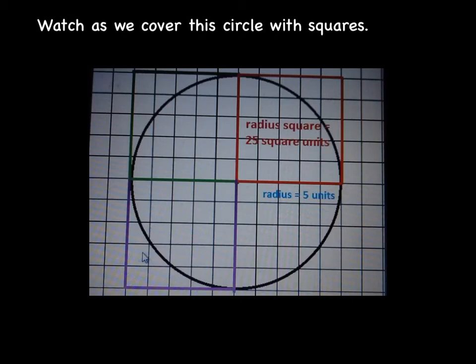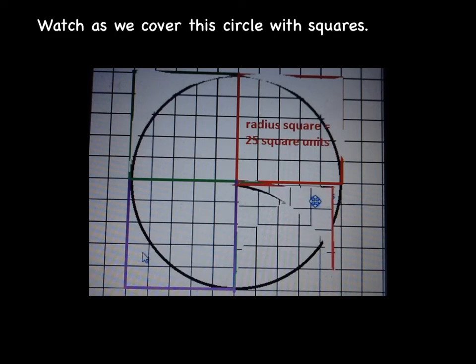So let's take away that 4th radius square, and you can see that what we could do is cut off these excess pieces here, and paste them over in the part of the circle that hasn't been covered yet. If we cut it just right, we should have approximately enough to cover the rest of the circle.